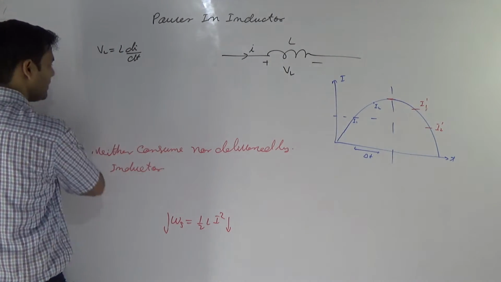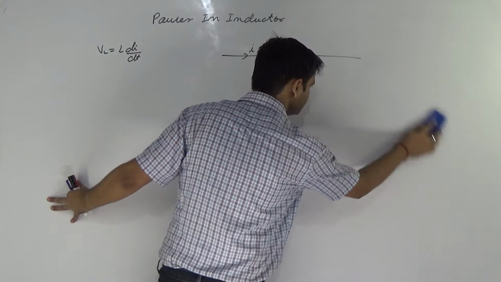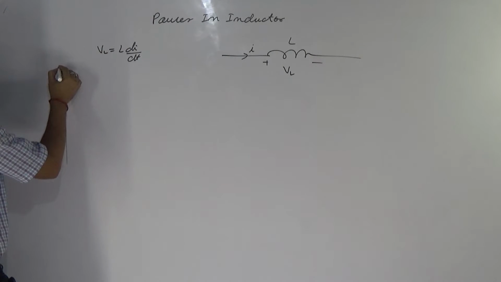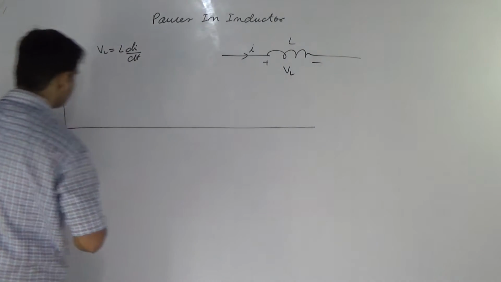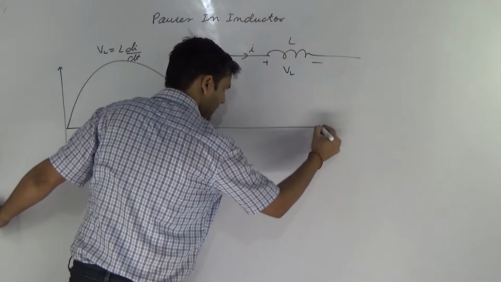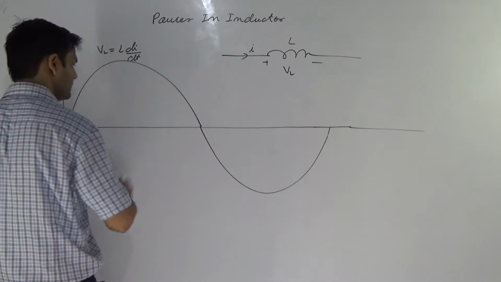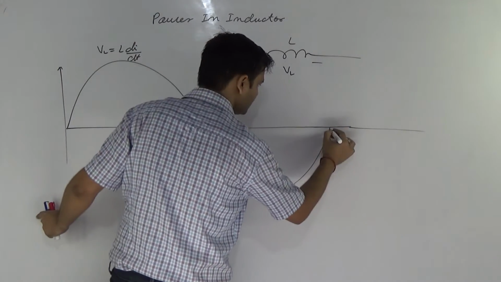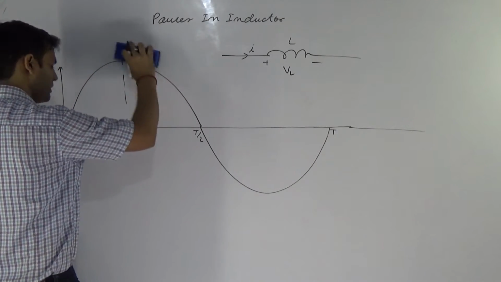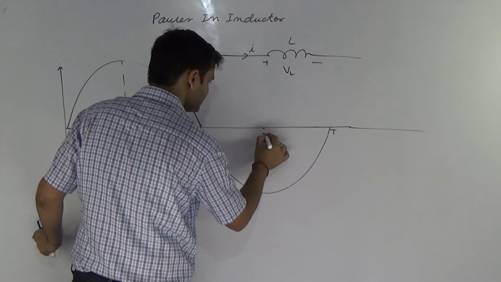Now focus on this circuit. In magnitude wise I will discuss. In one cycle, this is T by 2, this is T, this is T by 4, this is 3T by 4.